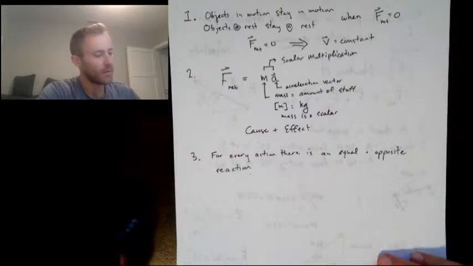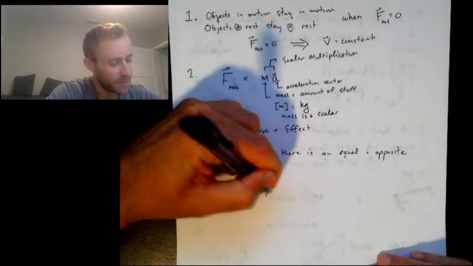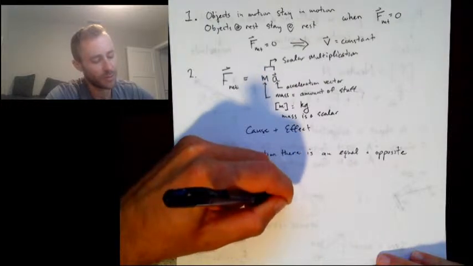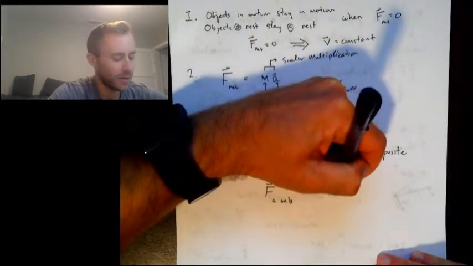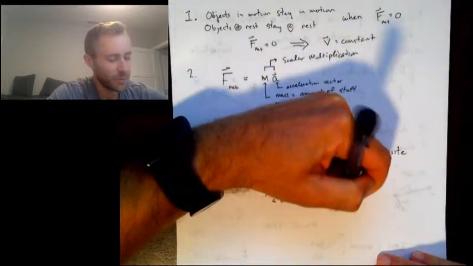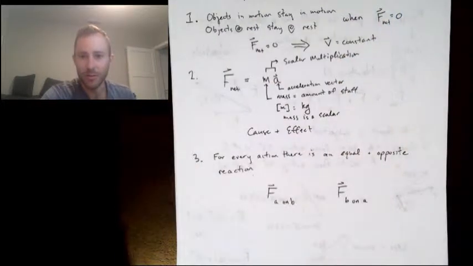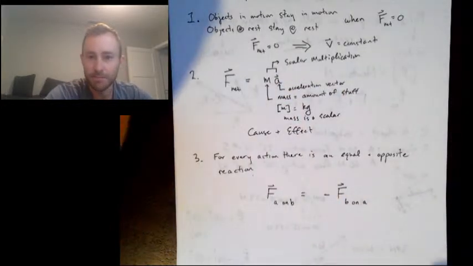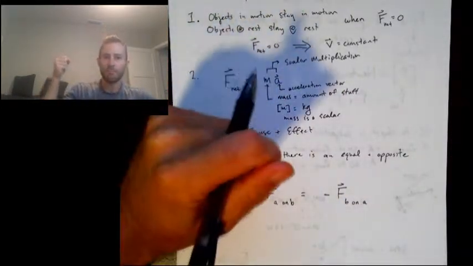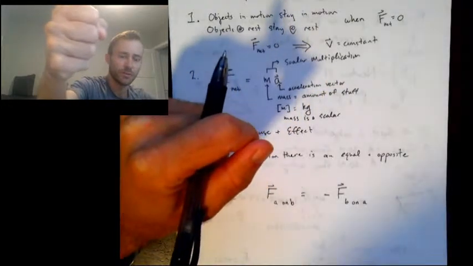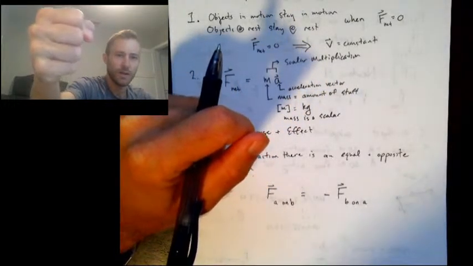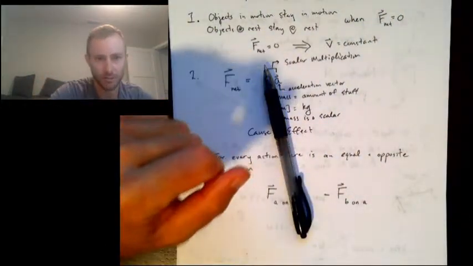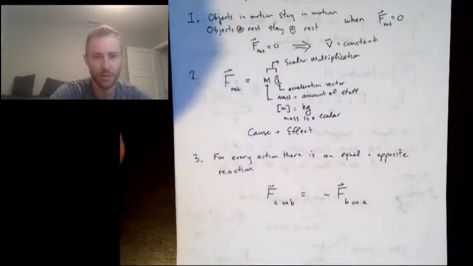So basically, if F is the force that object A exerts on object B, and F sub B on A is the force that object B exerts on object A, these are related to each other by a minus sign. Okay? So if I punch you with 100 newtons of force, then your body is going to exert 100 Newton force on my fist, but in the opposite direction. Okay, that's what Newton's third law of motion is saying.